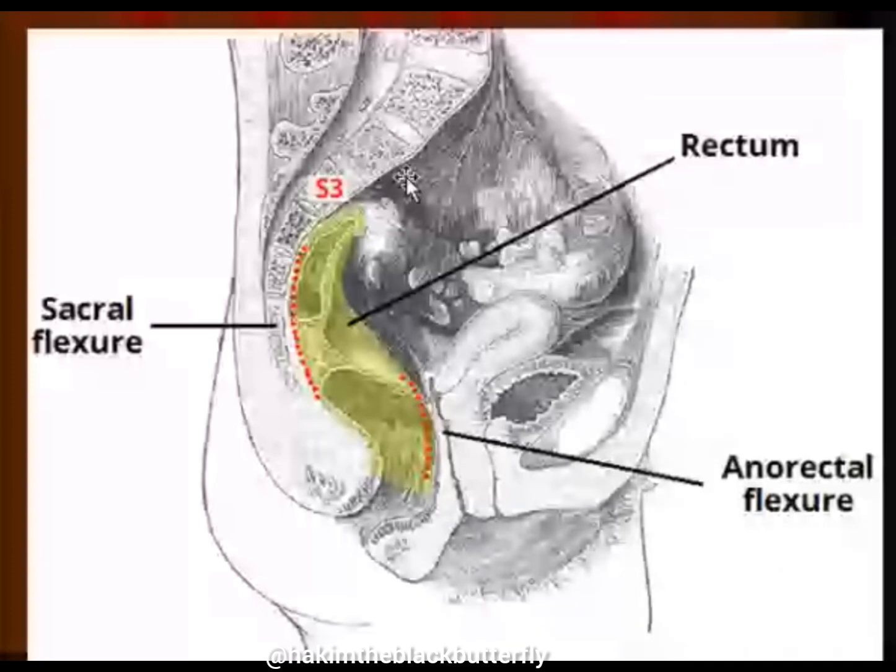It is female because I can see the urinary bladder there, the uterus and the vagina, and then the rectum is posterior. So when the rectum is following the concavity of the sacrum, we call that the sacroflexure. And then this other bend, where it continues with the anal canal, is known as the anorectal flexure.